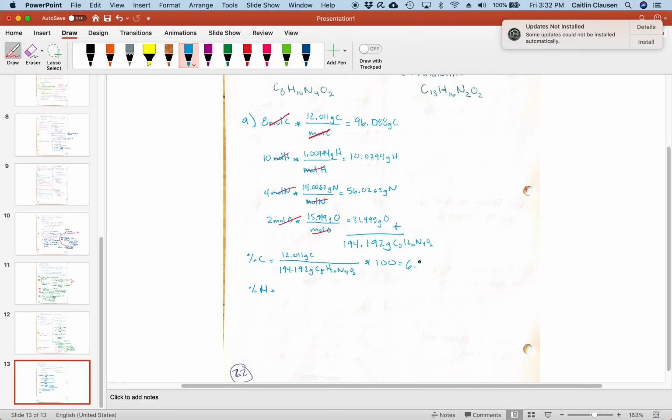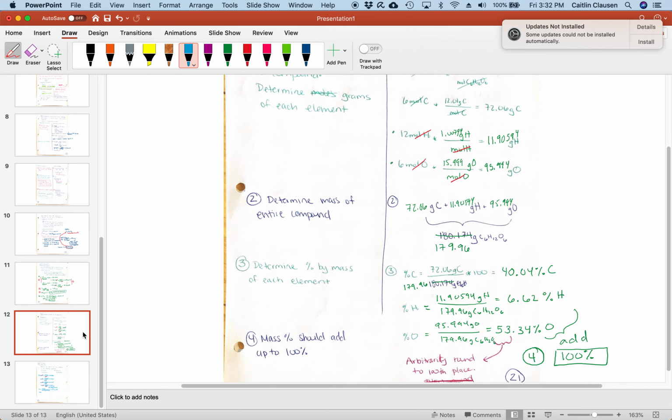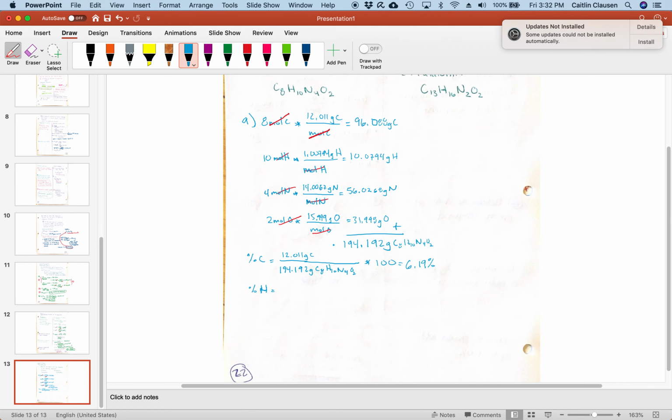So remember, here, this is where we arbitrarily round to the hundredths place for the percents. For hydrogen, that's 1.00794 divided by 194.192 times 100. We got 0.52%.